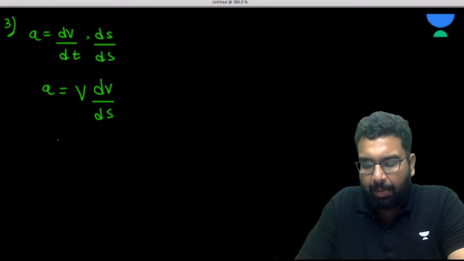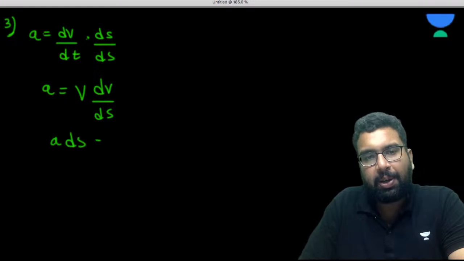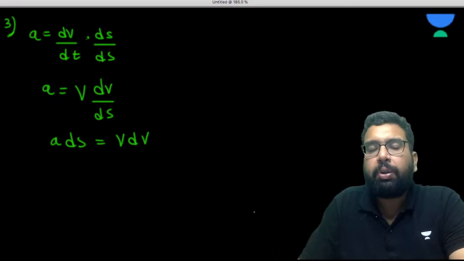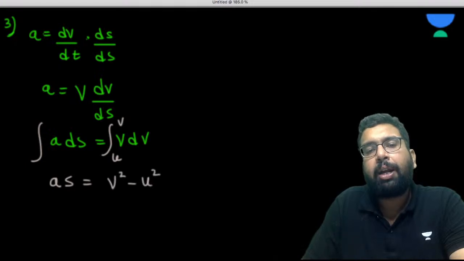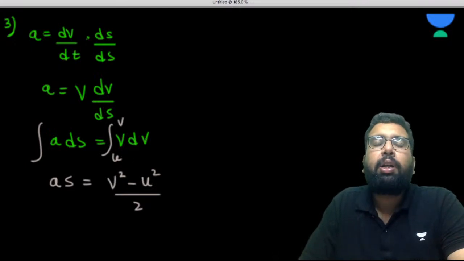Now I can write a ds is equal to v dv, and integrate both sides. a is constant, so the left becomes as. On the right, v integrates to v square by 2, with limits u and v, so it becomes v square minus u square by 2.